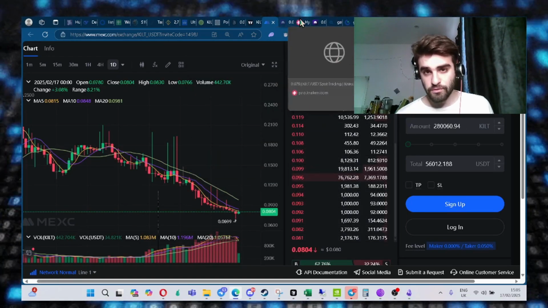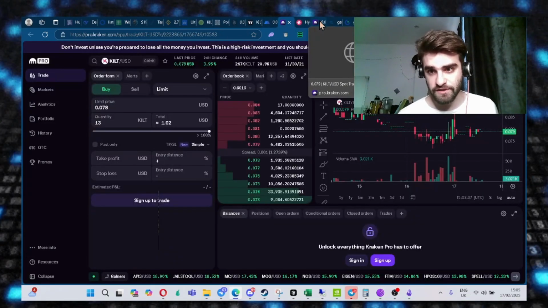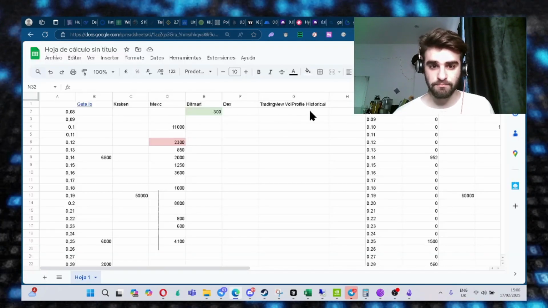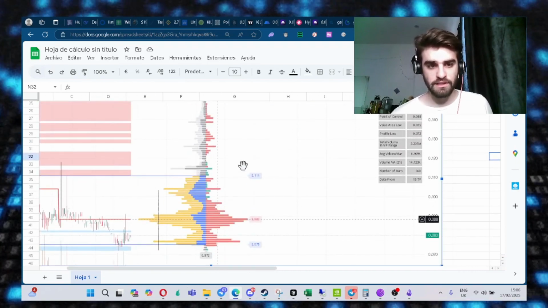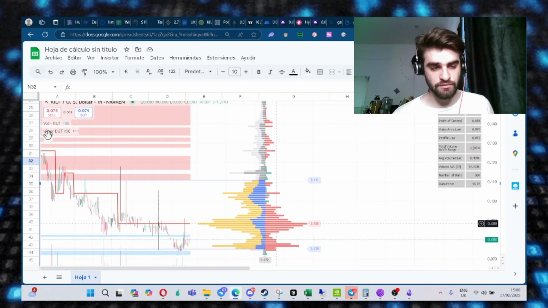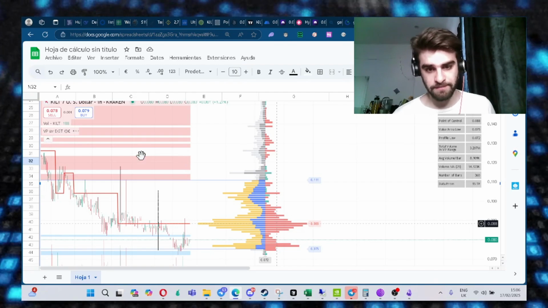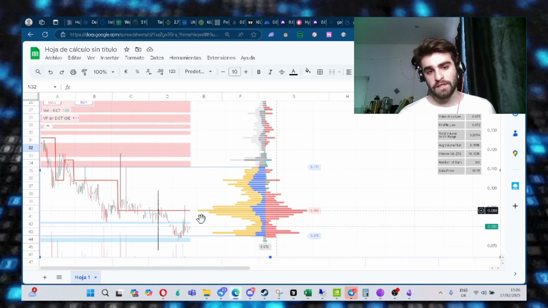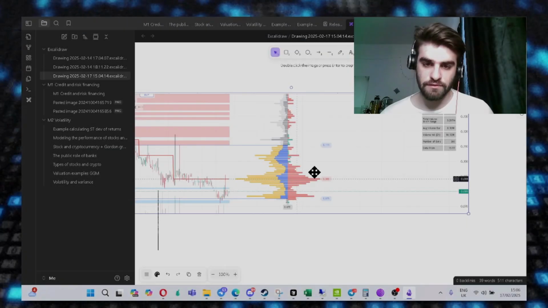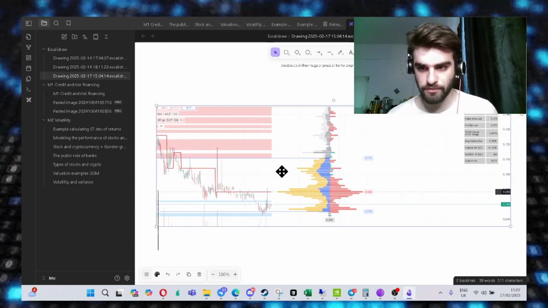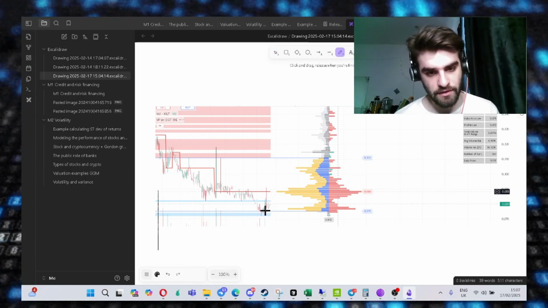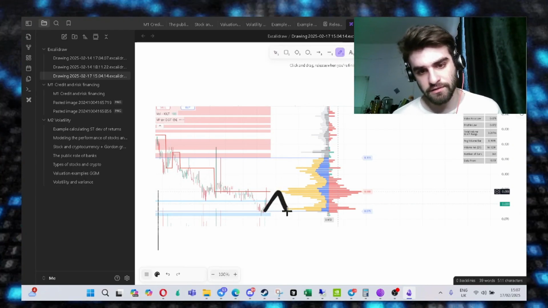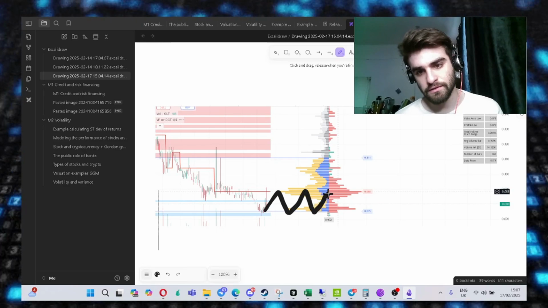So that's what we do in the first place for all the exchanges, and then we put everything in a spreadsheet, and then we take the volume profile. The one I use is volume profile by DGT. What can we understand with this? If we bring the volume profile down here, we will see a price target that we need to trade around.